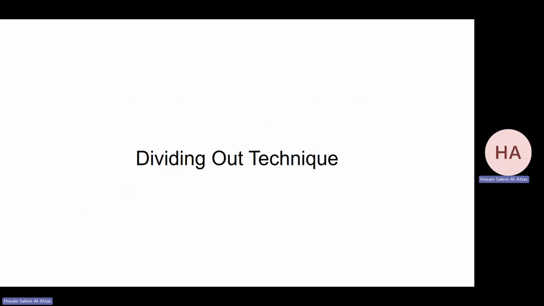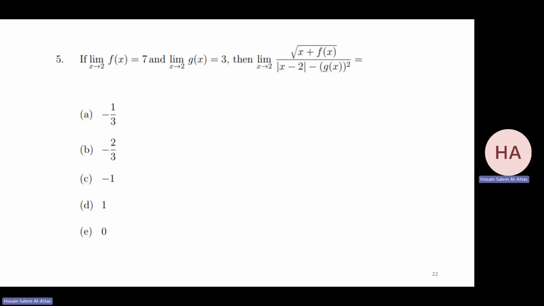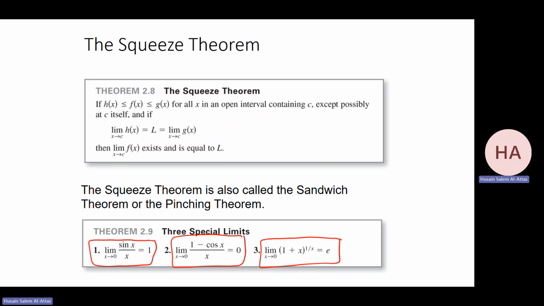Either you do factoring and cancellation, since they only differ at one point, you can cancel. Rationalize, simplify, squeeze theorem. These are some of the things. And we have 3 special limits, which is this limit, and this limit, and this limit. Okay, that's mainly what we have in this section.